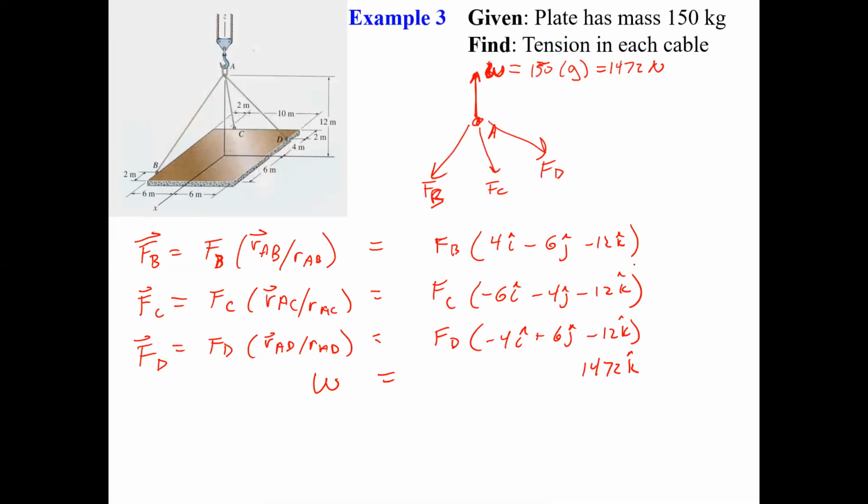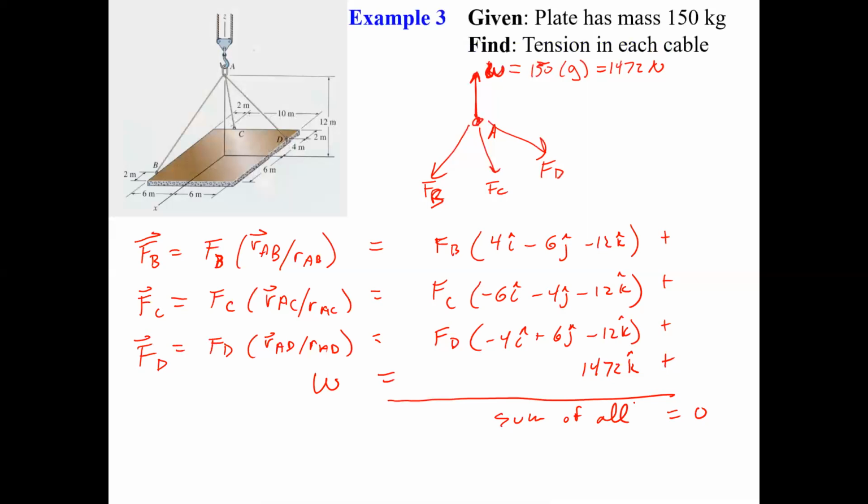And so we have to add all of these vectors together. The sum of all these things has to equal 0, right? That 1472 is the weight of that plate, which is the same value as the tension in the cable that's keeping it from falling.